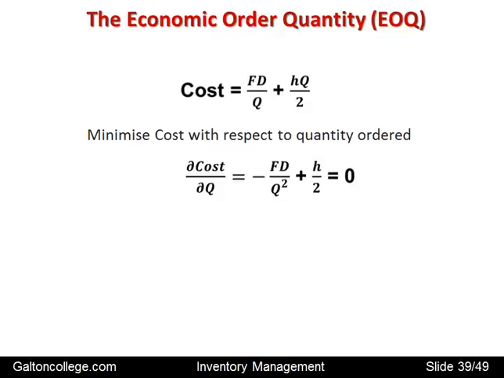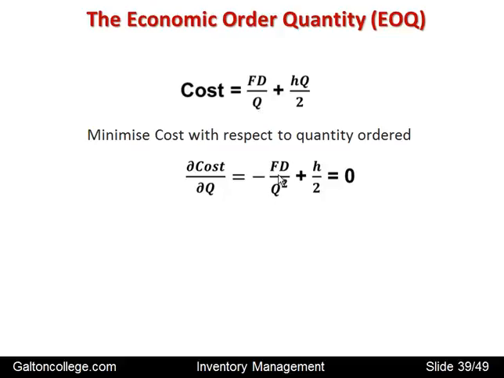So we'll start with minimizing. We need to minimize the cost, and how we do that is we partially differentiate cost with respect to quantity. When we differentiate this part here, the quantity is in the denominator, under the fraction, so in fact that's to the power of -1.